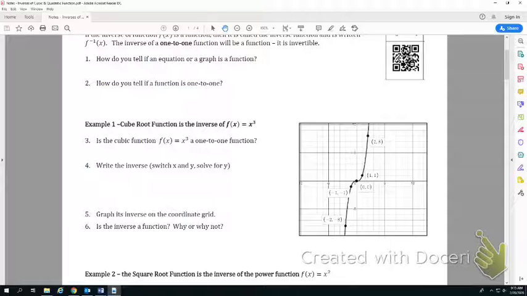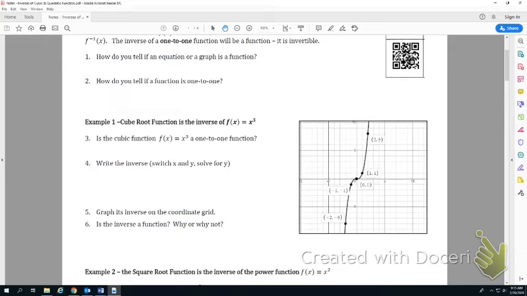So question number 1, how do you tell if an equation or if a graph is a function? Somebody tell me. There's two big ways. Okay. And I'm going to write it this way.